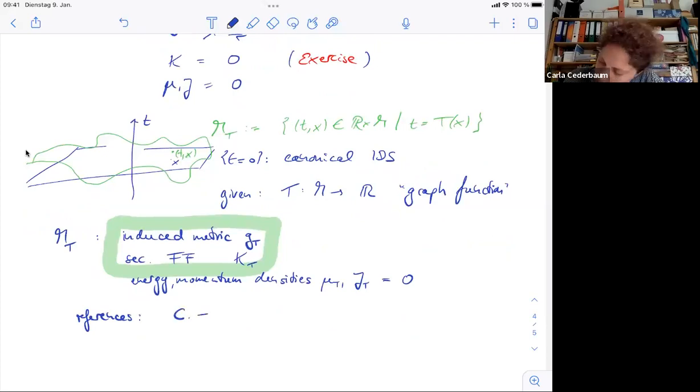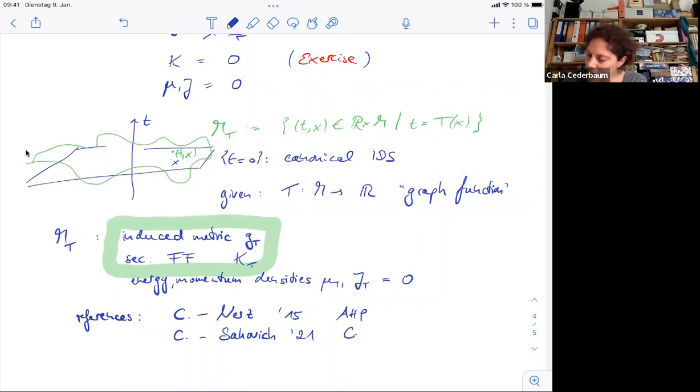A paper with Christoph and Merz from 2015 in Annales Henri Poincaré, where we first consider these graphical time slices in the Schwarzschild spacetime and do all the computations, but there is a computational error in the second fundamental form, and you find the correct formula for the second fundamental form in my paper with Anna Sakovic, and both of them will play a role again tomorrow when we discuss the center of mass, and this is calculus of variations in PDE.